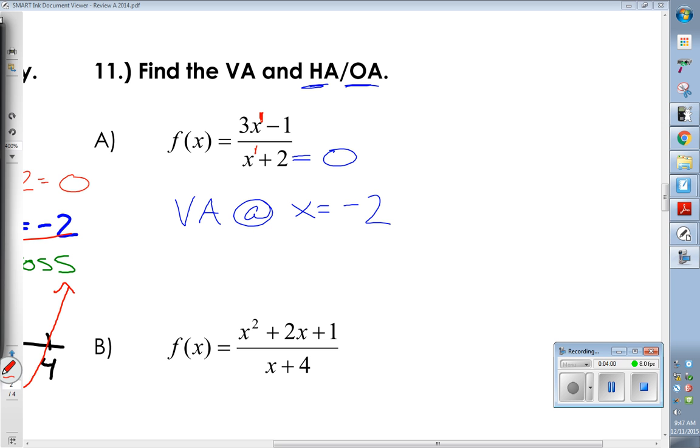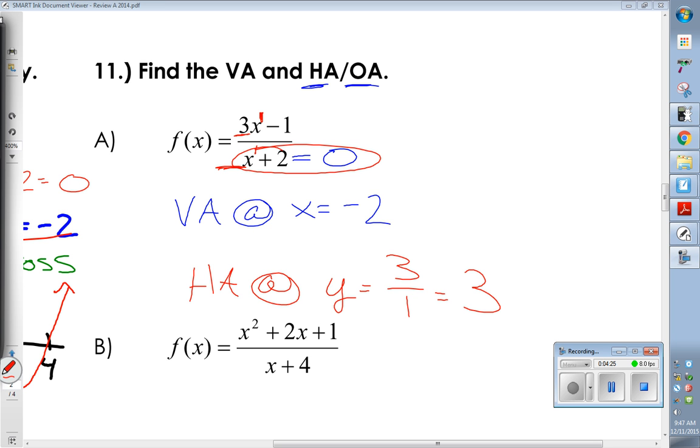So if they're both 1, you say that you have a horizontal asymptote at y equals the ratio of the leading coefficients. So what is my leading coefficient on top? 3. What's my leading coefficient on bottom? 1. So my answer is 3. There's a horizontal asymptote at 3. I set x plus 2 equal to 0 and subtracted 2 over. Other questions on 11?